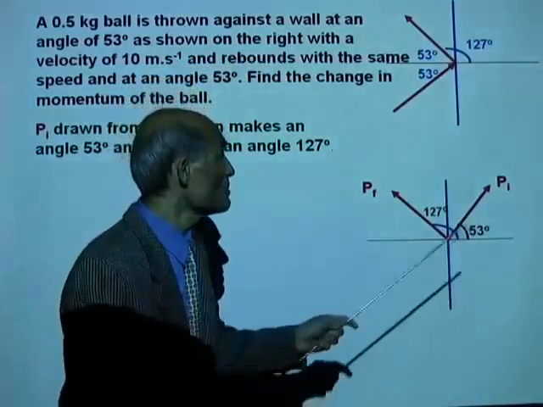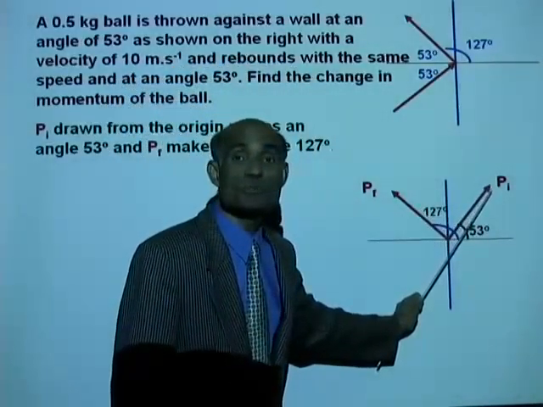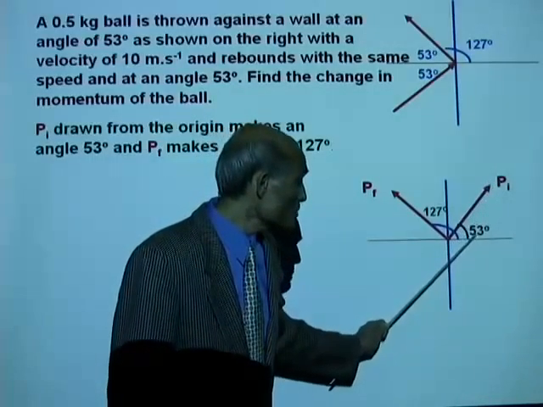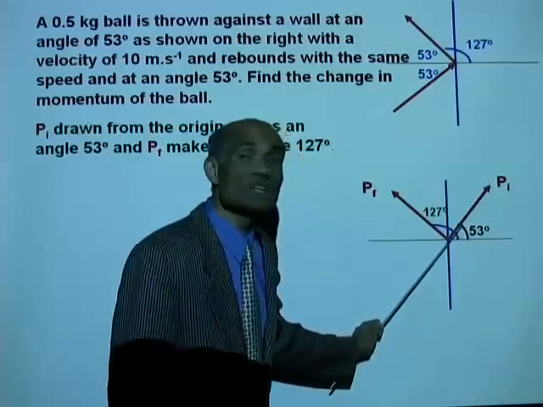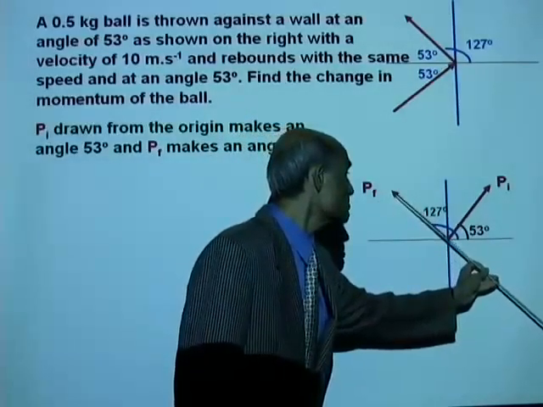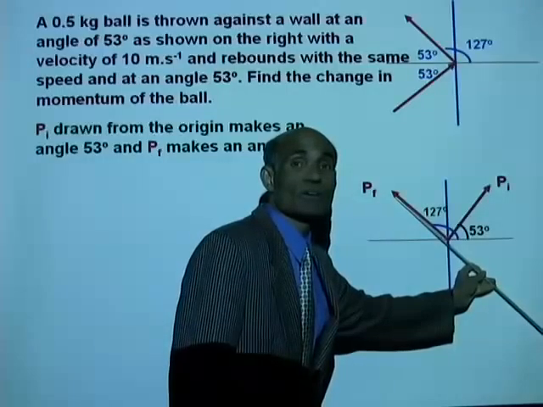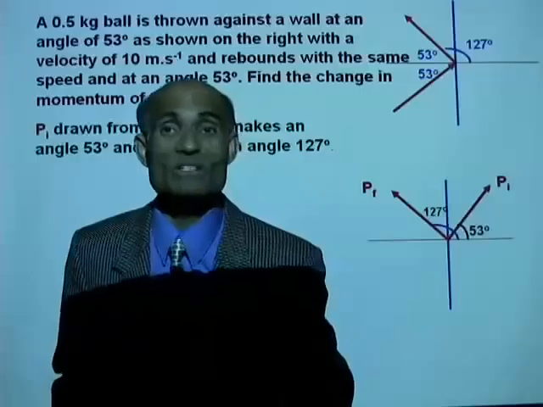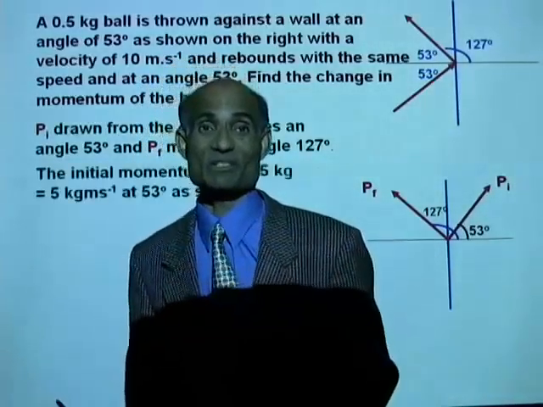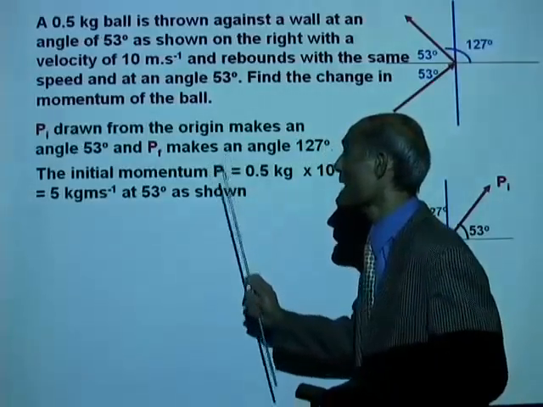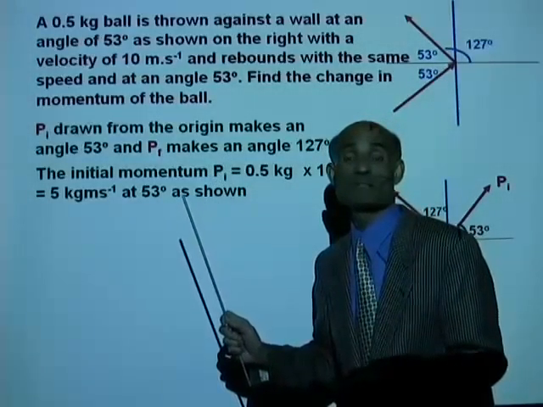So you must be very clear there. The initial momentum of magnitude PI, which we will be calculating shortly, makes an angle 53 degrees with the positive x-axis. The final momentum PF makes an angle 127 degrees with the positive x-axis. Alright, let's calculate PI, the magnitude of the initial momentum.